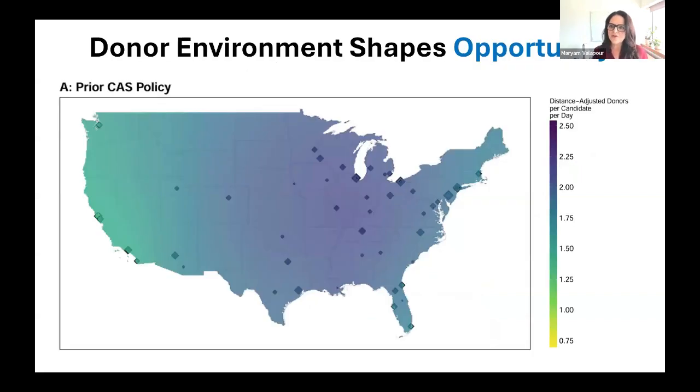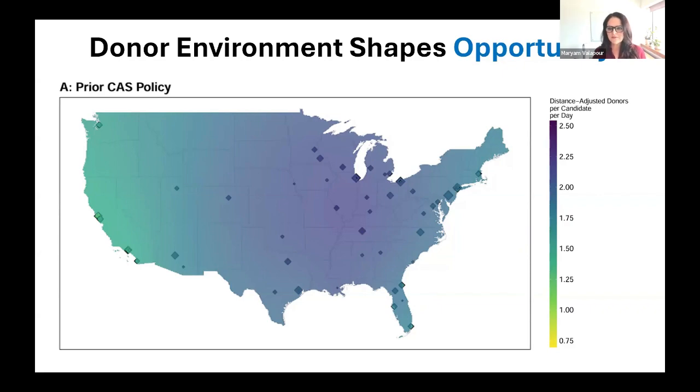To answer that question, we estimated donor opportunity for candidates listed at lung transplant centers across the United States. We define donor opportunity as the number of potential donors available to a candidate after we account for distance. In other words, we're not just counting donors, we're estimating the opportunities a candidate is likely to have access to under the geographic weighting of the system.